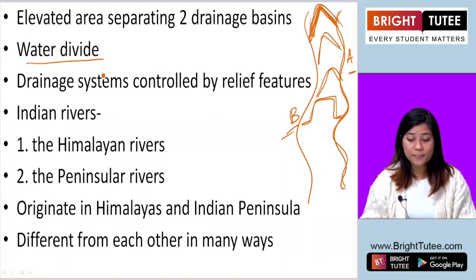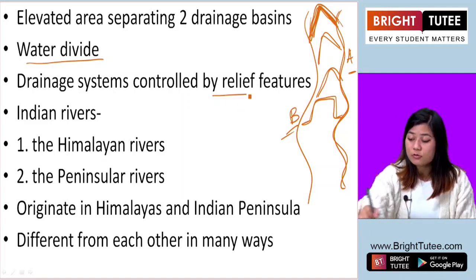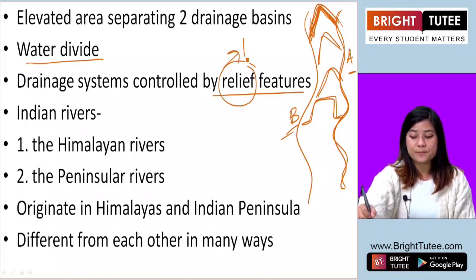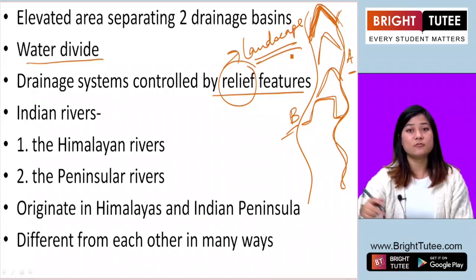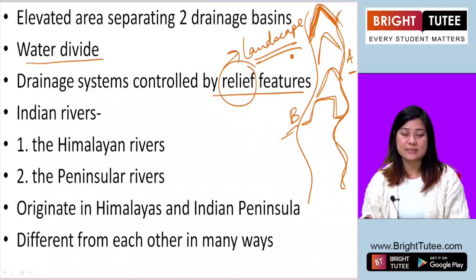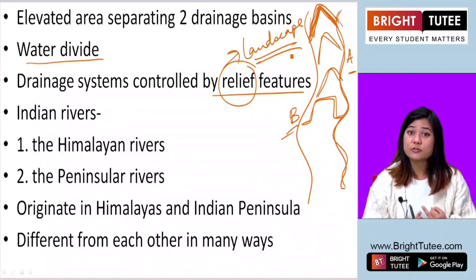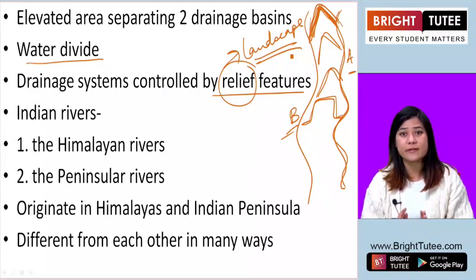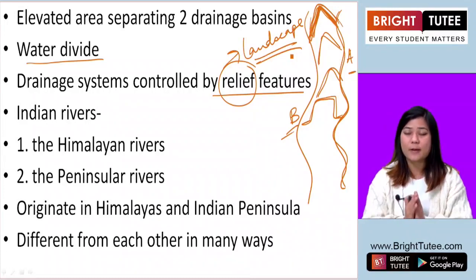All right. So as you can see, the drainage system is controlled by the relief features. Relief means the landscape. In the first chapter, we learned about various landscapes that our country has, right? We learned about the mountains, the plateaus, the deserts, the coastal areas, the coastal ghats, the western and eastern ghats, the peninsular part of India.